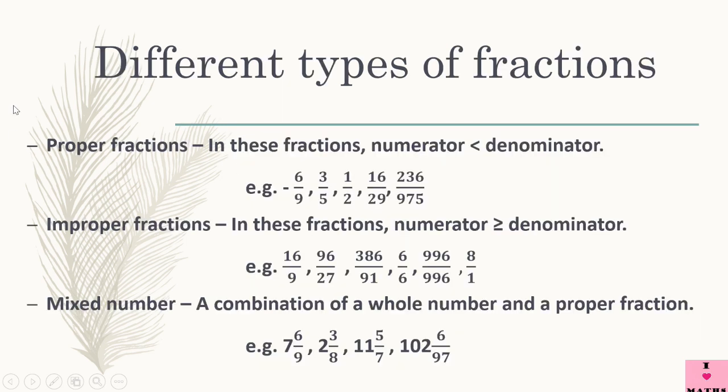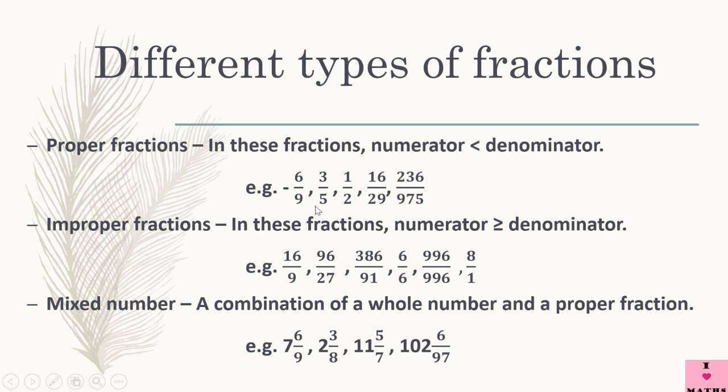Now let us see the different types of fractions. First are the proper fractions. In these fractions, the numerator is smaller than the denominator. Till now, all the fractions you have seen have been proper fractions.